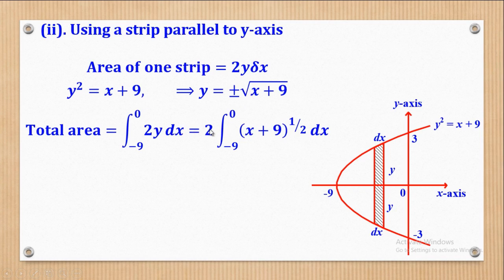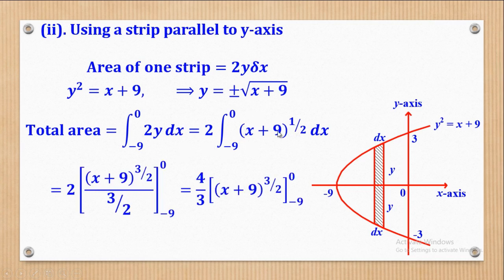The 2 remains outside because it's a constant, and the square root is the same as power a half. Now when I integrate this, inside the bracket is a linear function, therefore I can just use the normal integration whereby I increase the power by 1. Half plus 1 will give me 3 over 2, then divide by the new power, which is 3 over 2. And when I simplify, 2 divided by 3 over 2 will give me 4 over 3, and this one will remain in the bracket.